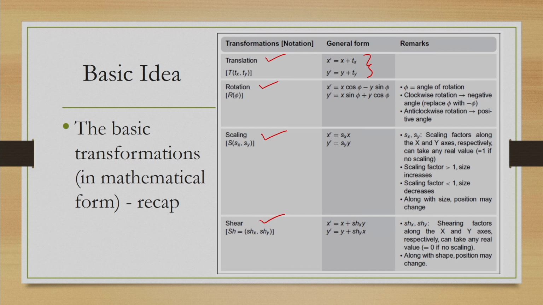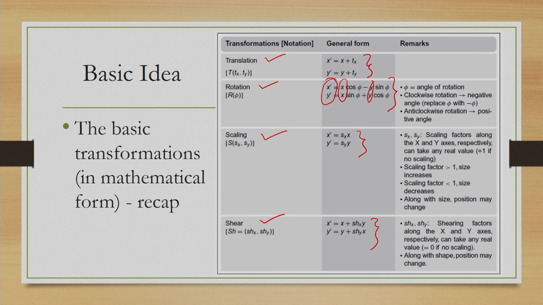For rotation, similarly, we established the relationship between the original point and the transformed point using these 2 equations. Same was the case with scaling. Again 2 equations, one each for the 2 coordinates, and shear.